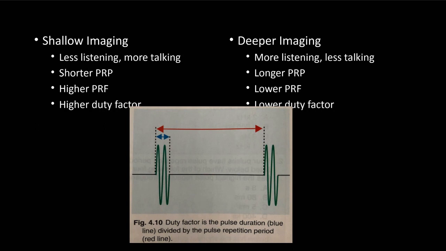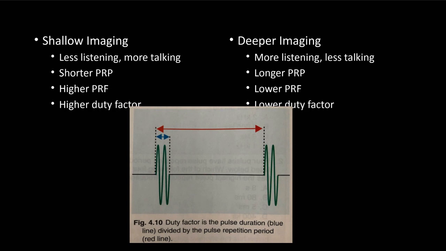We're going to have a higher PRF because of that shorter PRP, right? Less of a distance that everything has to travel, so we can send in more sound waves or more pulses per second. So we're going to have that higher PRF, and then we're going to have a higher duty factor because again, we don't have to listen as long, right? Our sound source can talk for more because it doesn't have to listen as much than with deeper imaging.